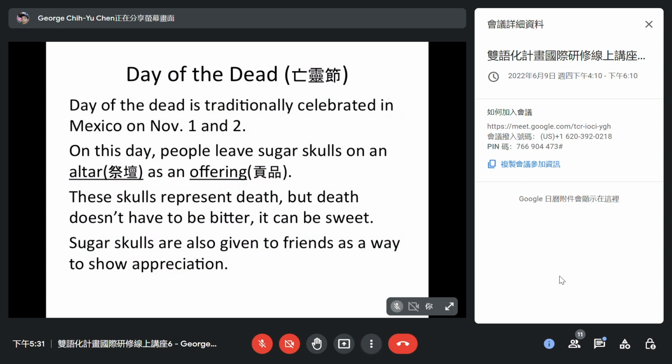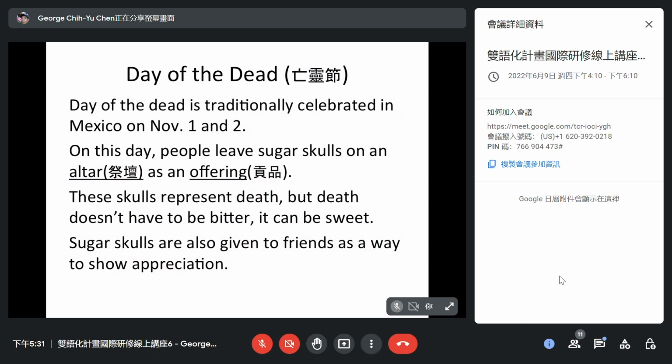First, we need to talk about Day of the Dead. In 中文叫做亡灵节. A Day of the Dead is traditionally celebrated in Mexico on November 1st and 2nd. And in other countries, they celebrate something similar called Halloween, 万圣节, and that's on October 31st.